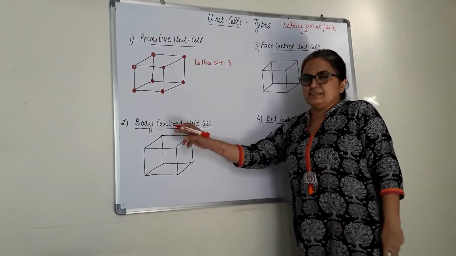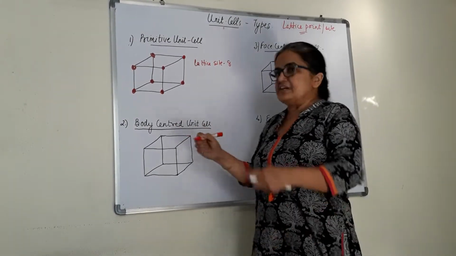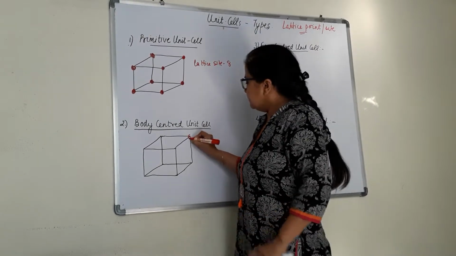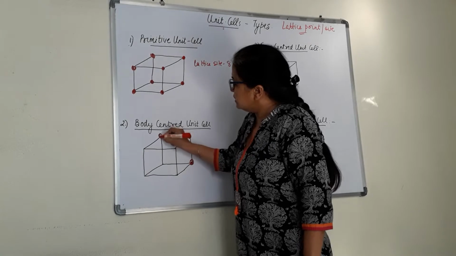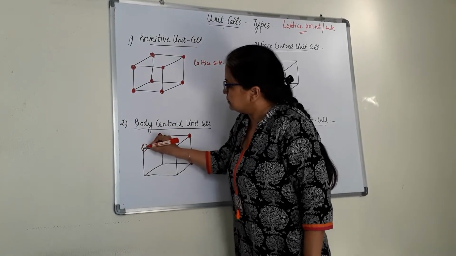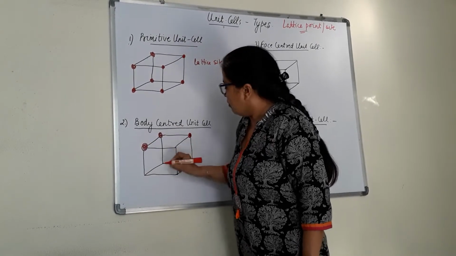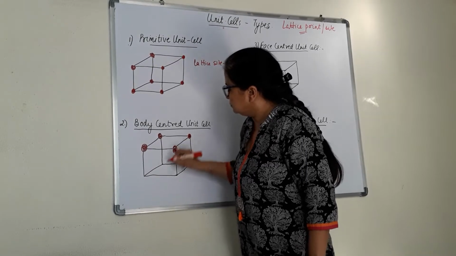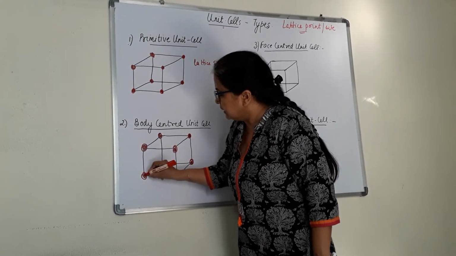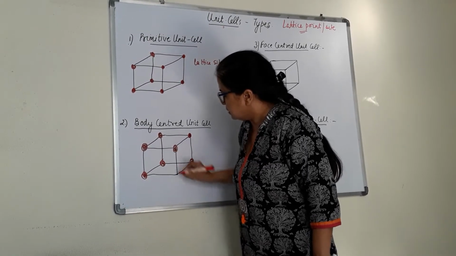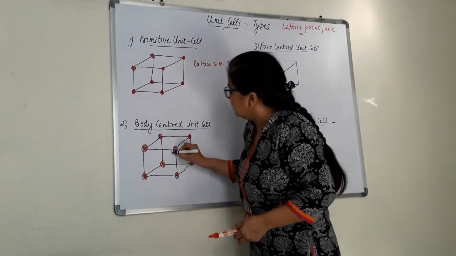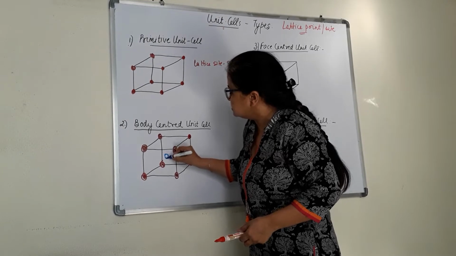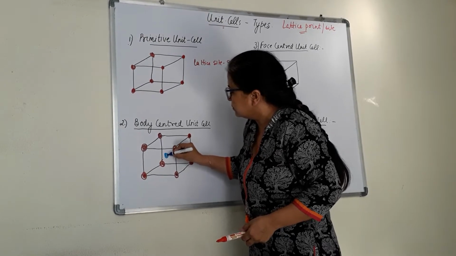Body centered, as the name itself says, means the center of the body. Definitely it will be there. But apart from that, the constituent particles are present at all the corners, plus one constituent particle is also present in the center of the body.